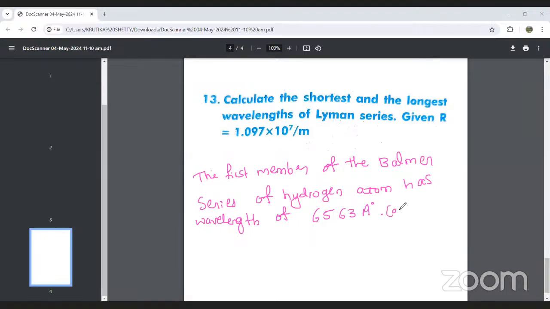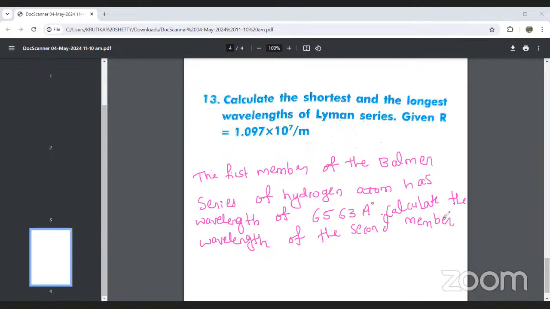Calculate the wavelength of the second member. Copy down the question, I'll tell you how to do this. The question is: the first member of the Balmer series of hydrogen atom has wavelength of 6563 angstrom.